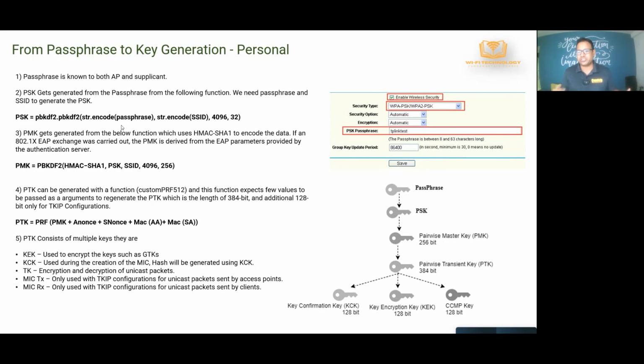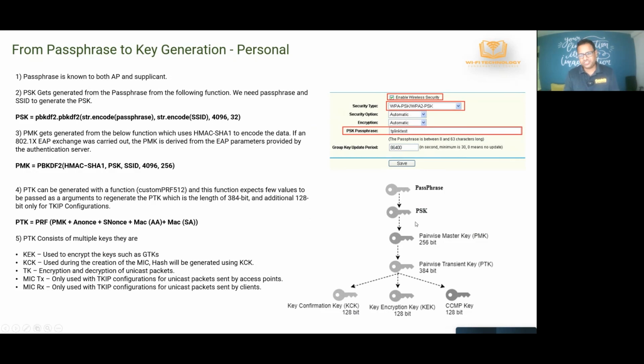Normally we don't expect people to do that. So the user is only expected to create a passphrase, and from the passphrase you create what we call the pre-shared key using some form of string encoding function which encodes the passphrase, and it also takes information about the SSID of the access point, and from that it creates a pre-shared key. Right, that's the first step.